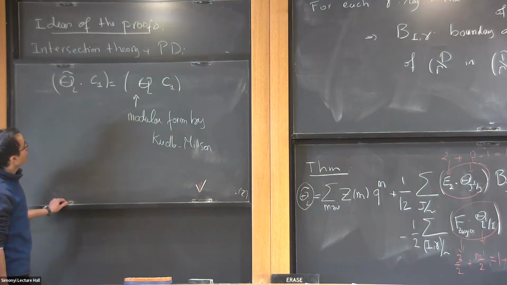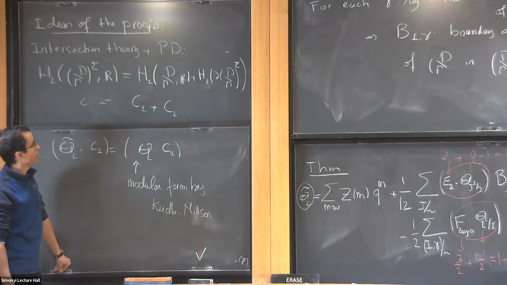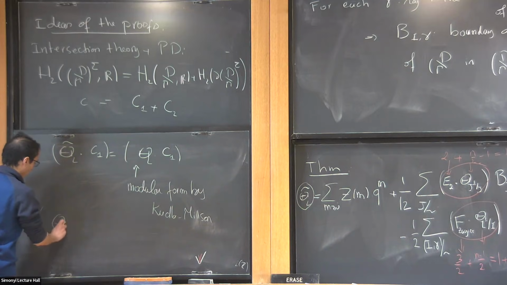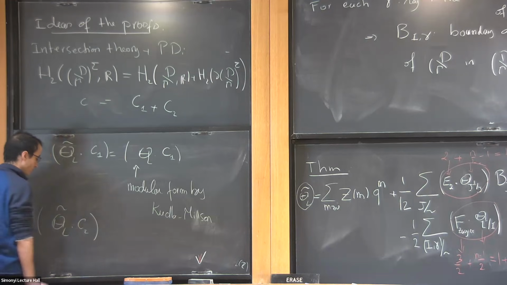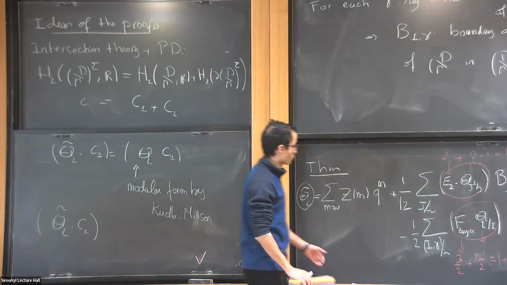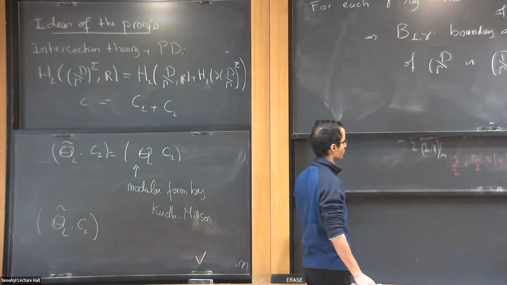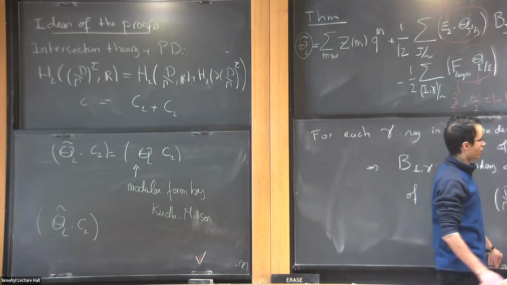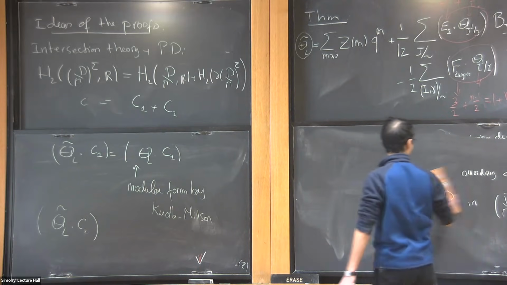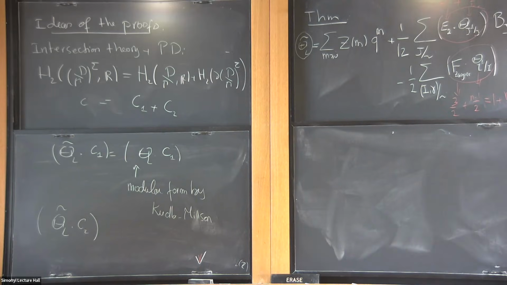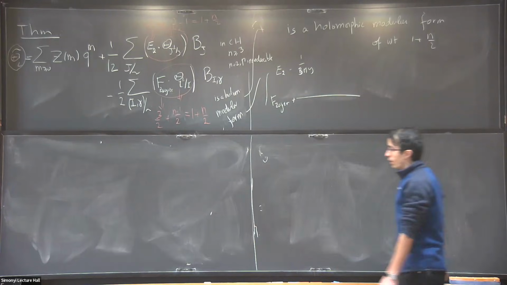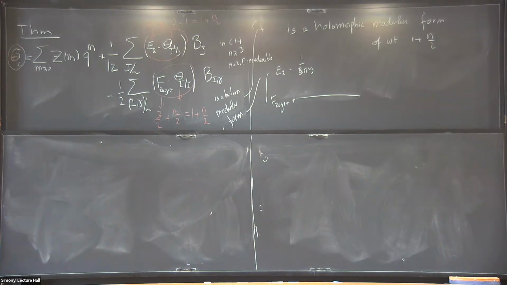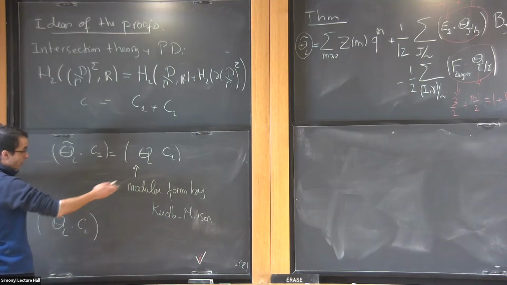So it's enough now to understand what happens when I intersect this cycle with C2. Okay, so this intersection with C2 will have three components, right?